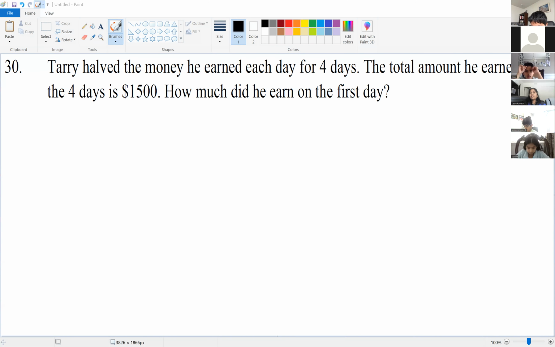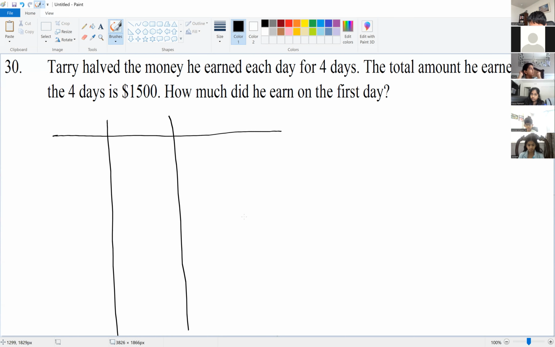So that means in total he would earn 2 and 1/8 X. And then to find how much he would earn on his first day, you would have to do 1,500 divided by 2 and 1/8.